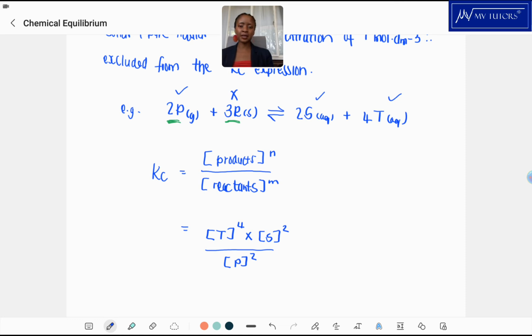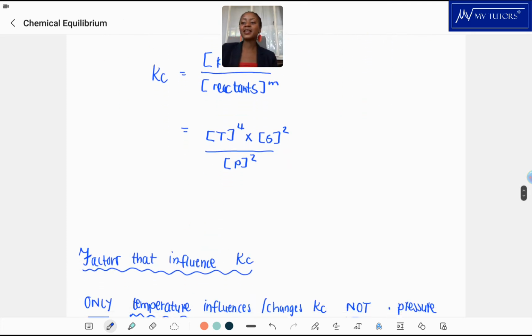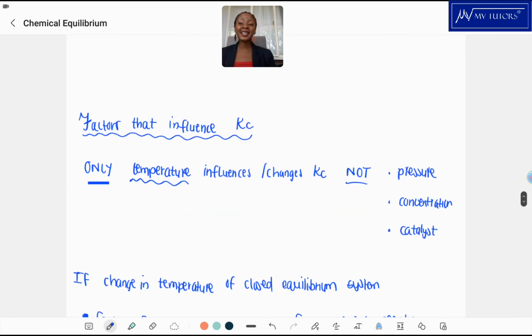That is what you would do, and you would use the RICE method that my husband spoke about to get the concentrations at equilibrium depending on the information they have given you. Now let's talk about factors that influence this Kc expression, this constant.